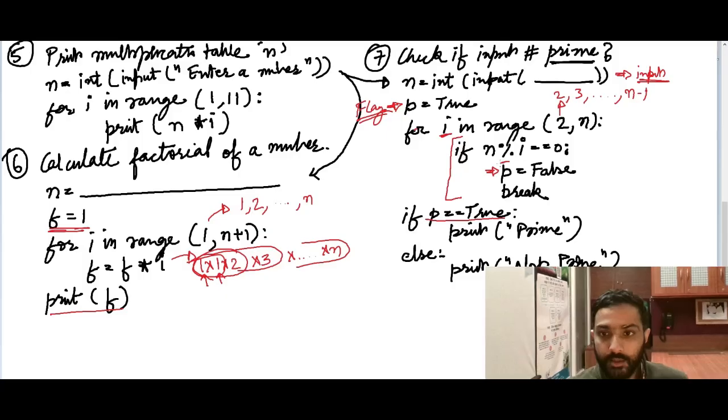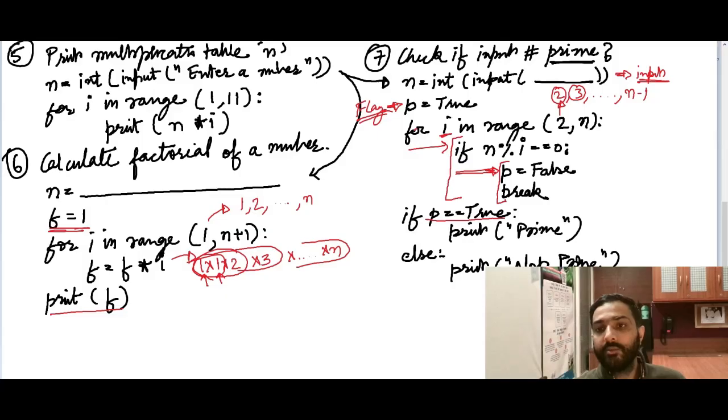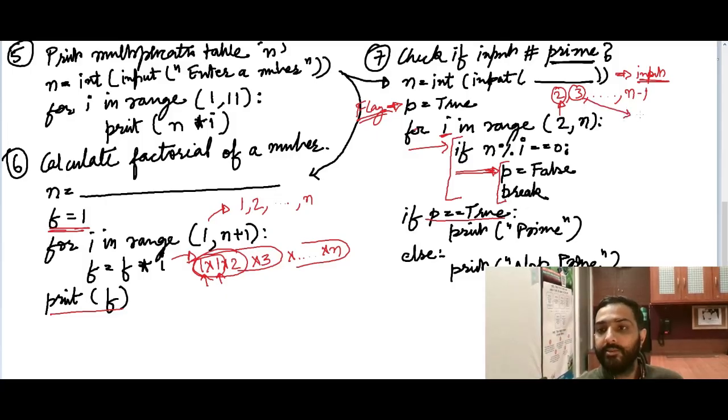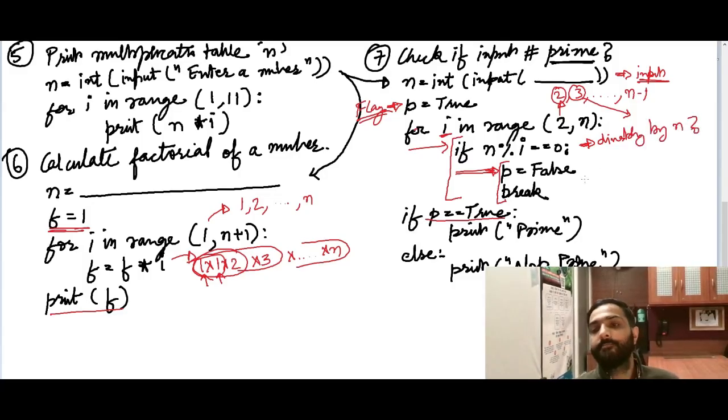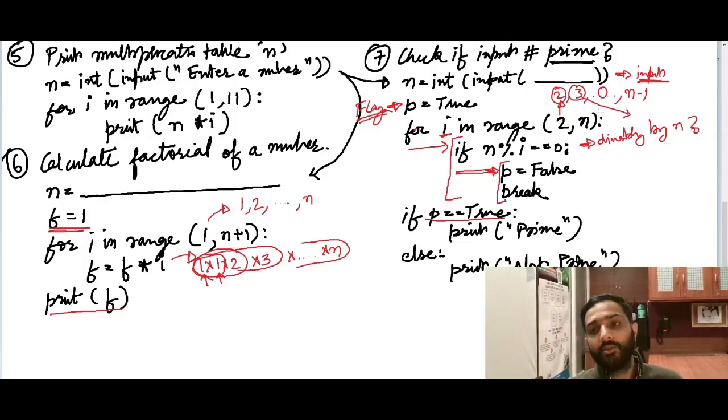This is the if, after one tab, and this is after two tabs. So in this program we are generating all numbers between 2 and n minus 1, including these numbers, and in a loop we are checking if any of the numbers divides n. If any number in between divides n, then for sure the inputted number is not prime.